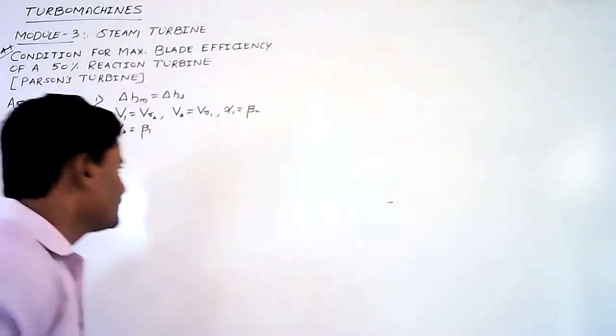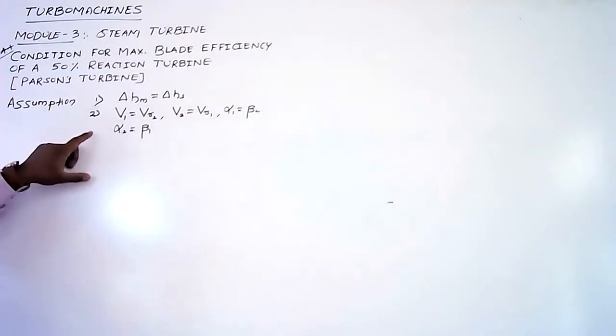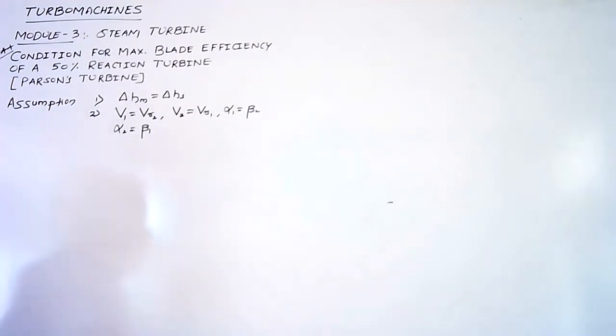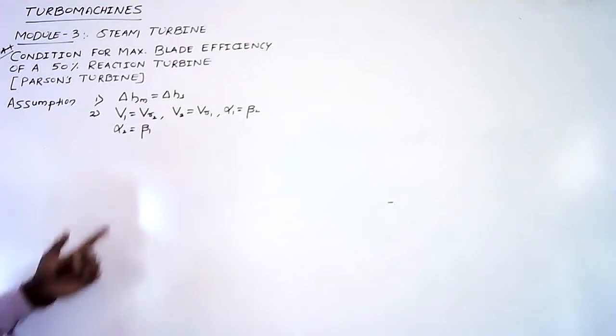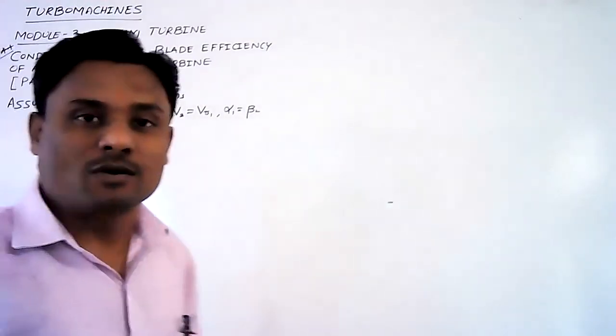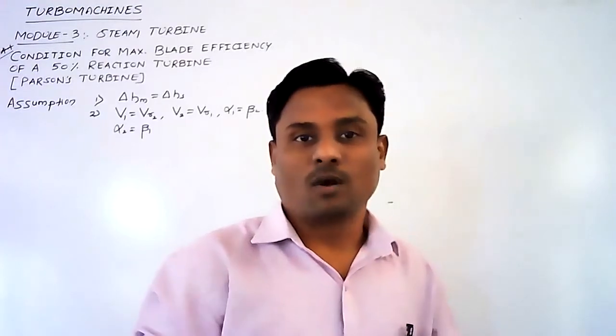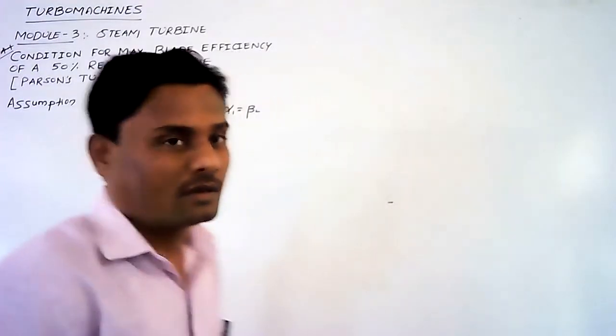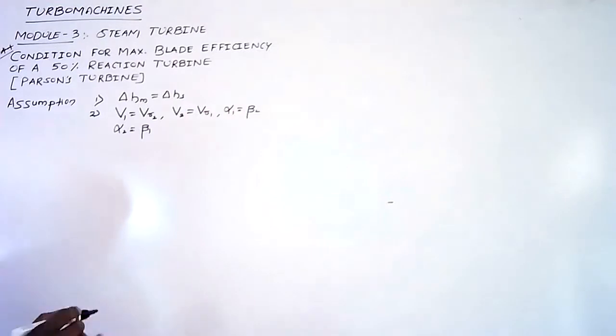These are the main assumptions involved in the analysis of the Parsons reaction turbine or 50% reaction turbine. Let us try to draw the combined inlet and outlet velocity triangle according to this condition.